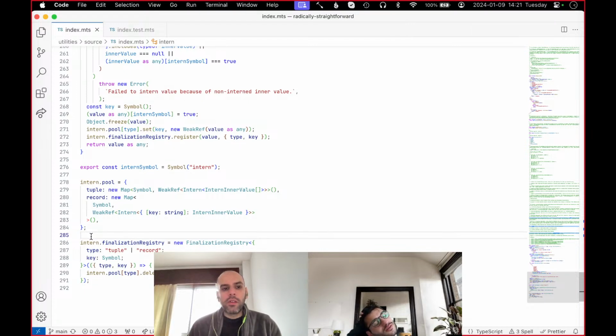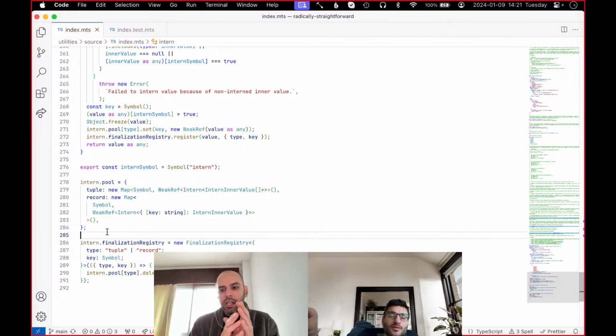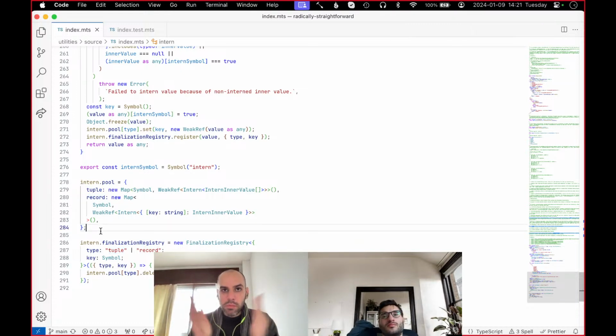Maybe, yeah. I could make this more convenient, especially because the pool right now just separates tuples and records, or arrays and objects, but it could separate, for instance, by size. What is the size of the tuple? What is the size of the record? And then the bins become smaller and the efficiency goes up, but it would be harder to reset. So maybe I could expose that, yeah.